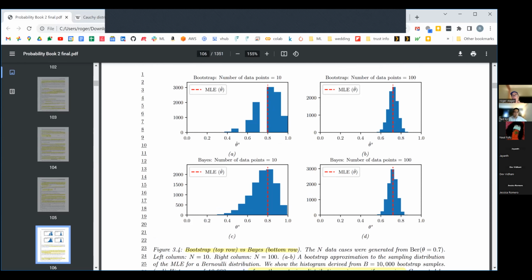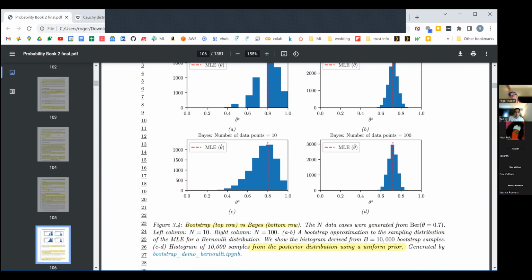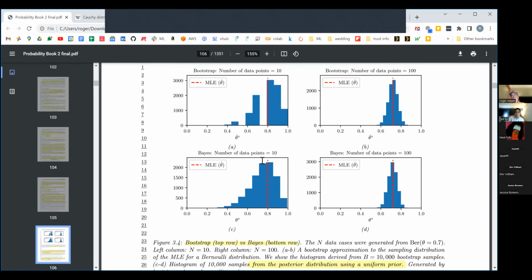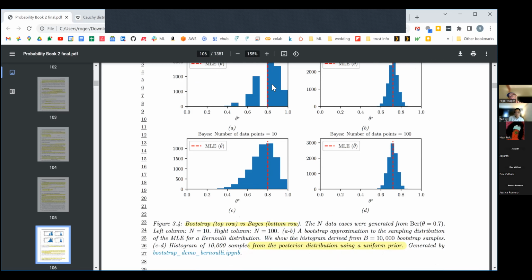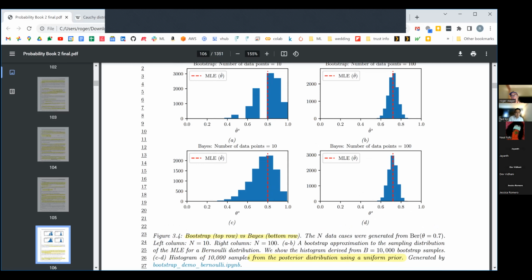It looks somewhat similar to the Bayes posterior. But once you get up to bigger numbers, they look pretty similar between these two. I've seen other places where they talk about this being the poor man's approach. In fact, they talk about it here, that it's the poor man's approach. It's cheap, it's close. And by the time you get up to the large numbers, they're very similar.